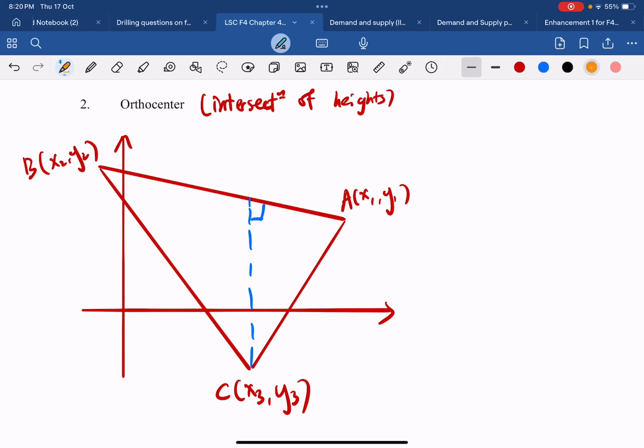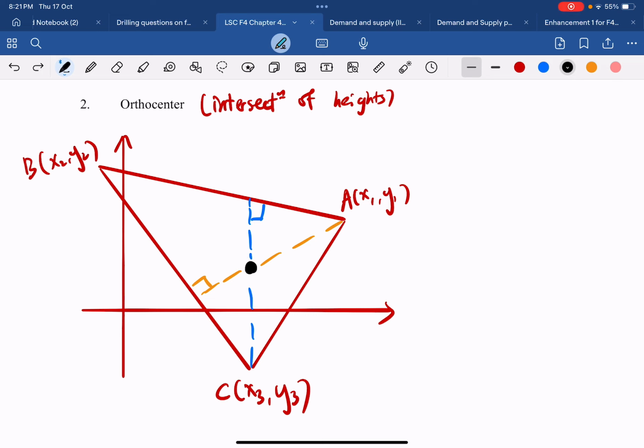Then we can draw a height from A to side BC. We've drawn 2 heights already, which is enough to locate the orthocenter. The black spot is the orthocenter.